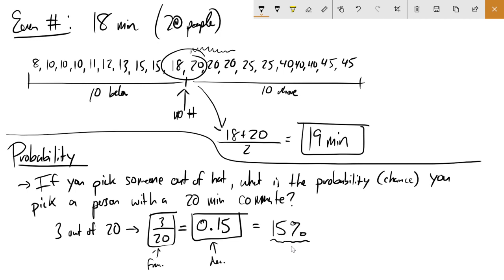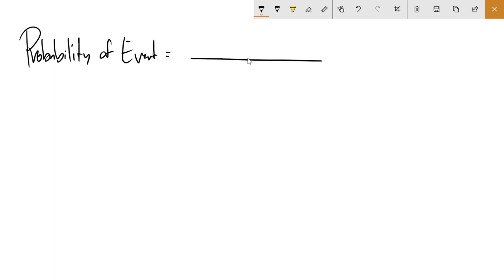And so in general, if you're calculating the probability of an event, it's a fraction. Okay? It's a fraction where you look at the number of ways the event can occur, like how many people have that attribute, and you divide by the number of total possibilities.